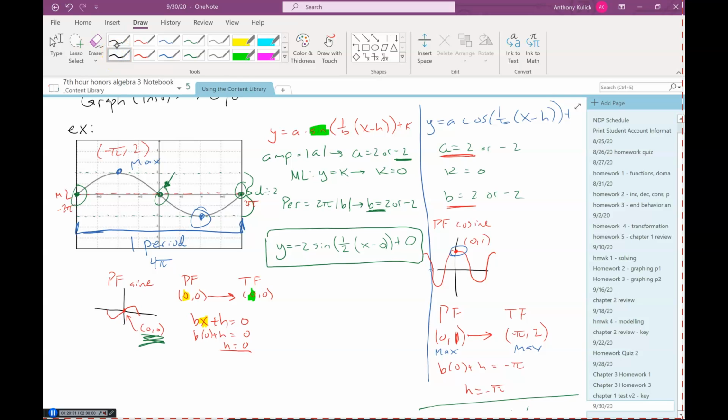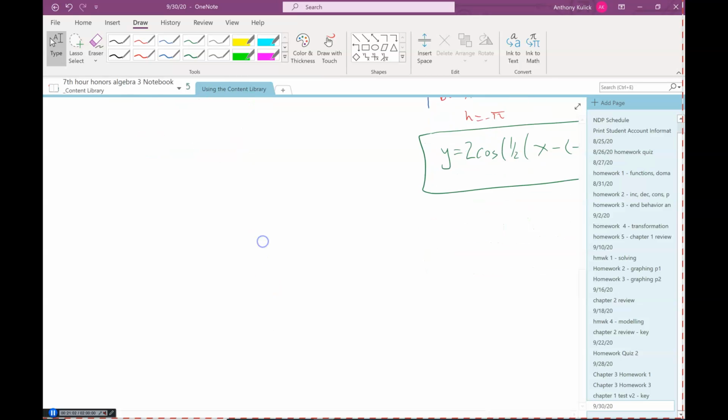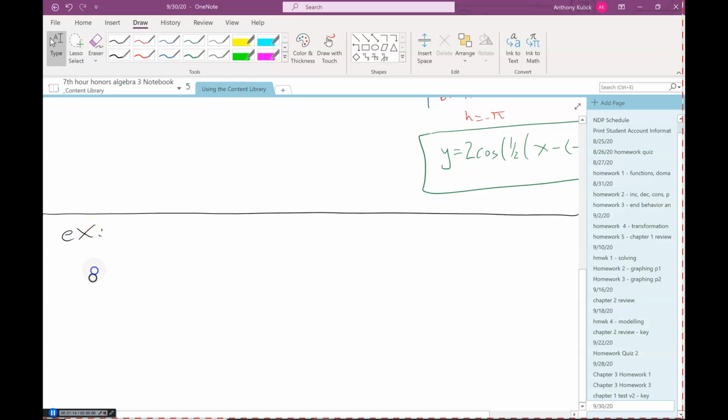Let's do another. Sound okay? Am I going too fast? Is this okay? I mean, this is tricky at times to get the hang of to start, but once you've got the hang of it, hopefully it's not too bad.